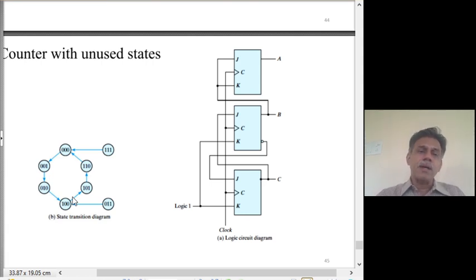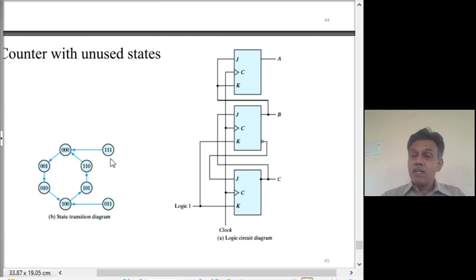But remember, it may so happen that your design, while simplifying with don't cares, you have reduced the circuitry and we have got it. How the machine will behave in unused states, we don't know. It might so happen that from the state 1, 1, 1, we may go back to the state 1, 1, 1. Or from 1, 1, 1, we may go to the state 0, 1, 1, and from 0, 1, 1, we may go to 1, 1, 1.